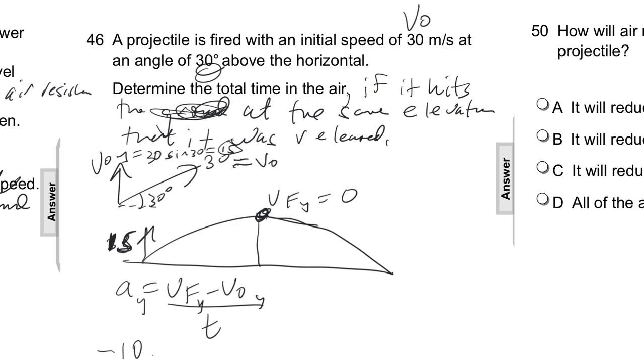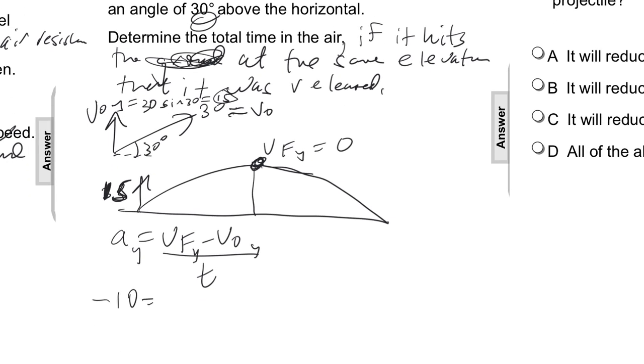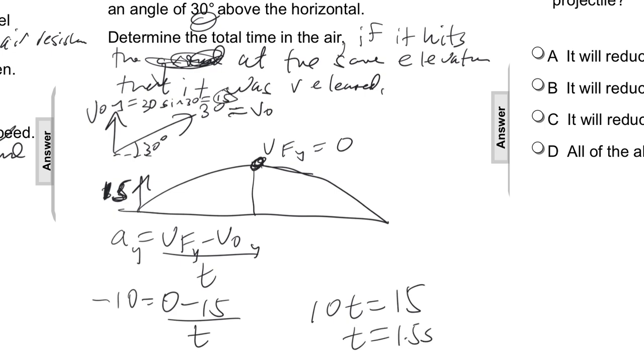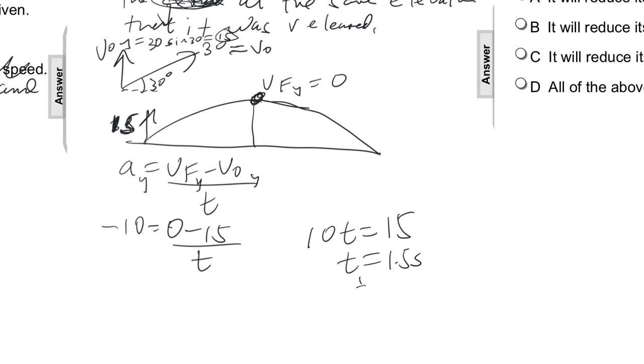So negative 10 equals 0 minus 15 over T. So 10T equals 15, negatives canceled out. 1.5 seconds, but that's the half time. So the total time is 1.5 times 2 equals 3 seconds.